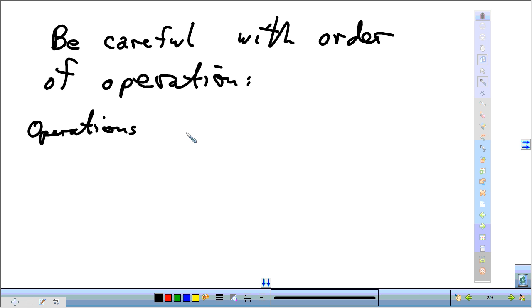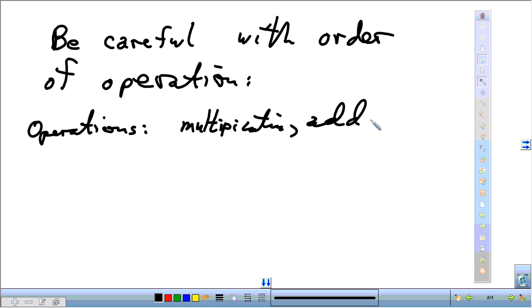In many cases we have two operations we're using. One of the things that you first get introduced to is the operations of addition and multiplication of numbers.